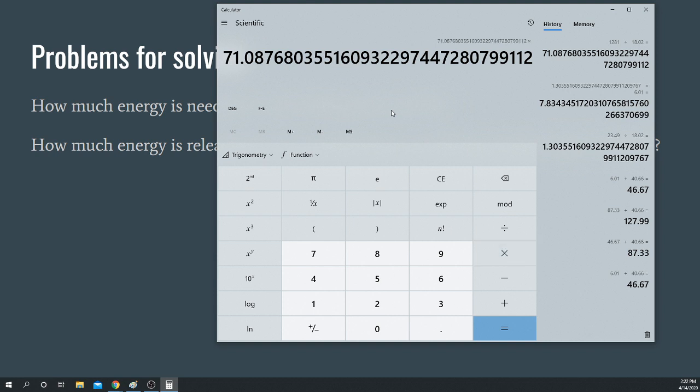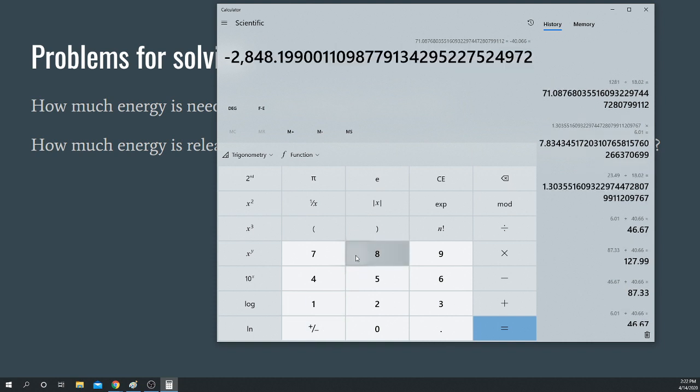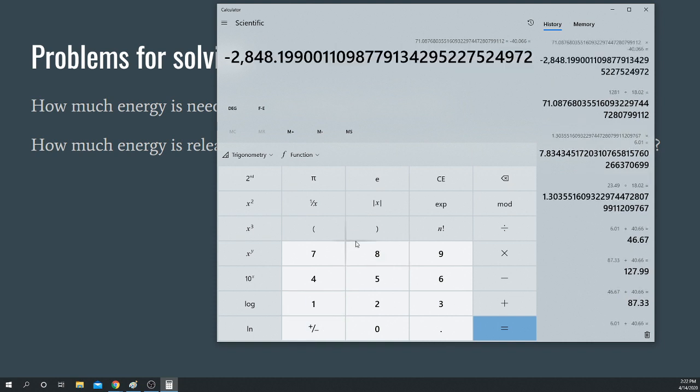Then we multiply that by, technically, negative 40.660. Negative means we're going to get 2,848 kilojoules of energy back out. That, by the way, is why steam is actually more dangerous.